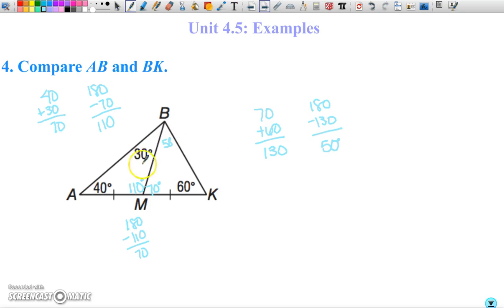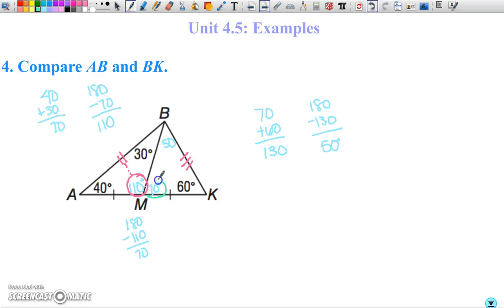And so you'll notice that these angle measurements don't match up, right? So if they don't match up, then we can't really talk about side lengths being congruent. So when we say compare, what we're looking for is which one's bigger, which one's smaller. Just write a statement to say how they relate. So we're looking at AB, which is right here, with BK, which is over here. So this side, AB, is across from a 110-degree angle, right?